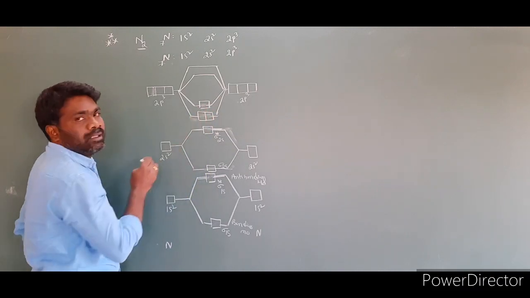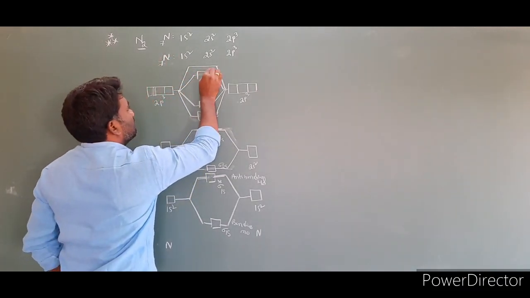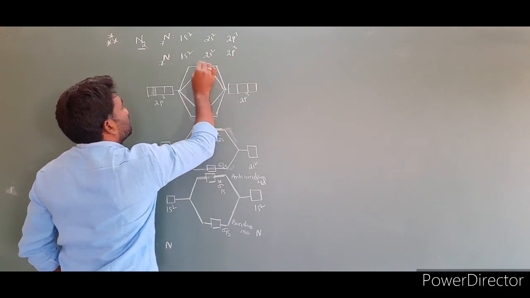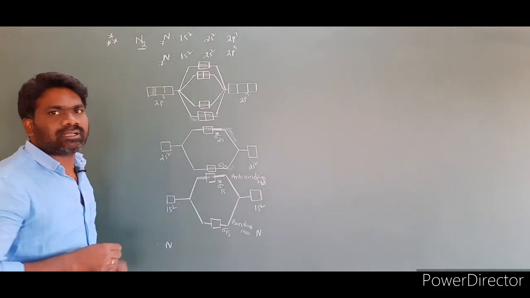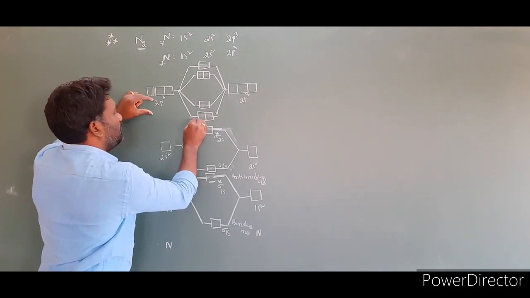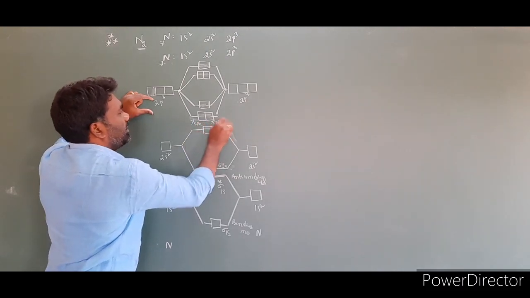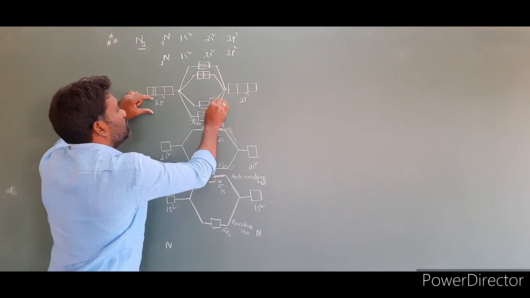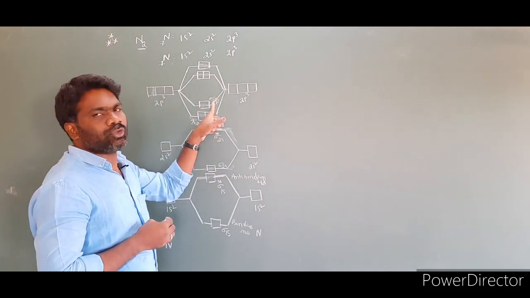These 3 are bonding molecular orbitals. On top we write 3 more: 2 here and 1 here. These are anti-bonding molecular orbitals. We have to label them. This is pi 2px, this is pi 2py, and this is sigma 2pz.